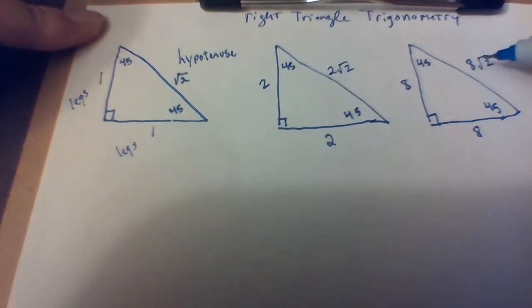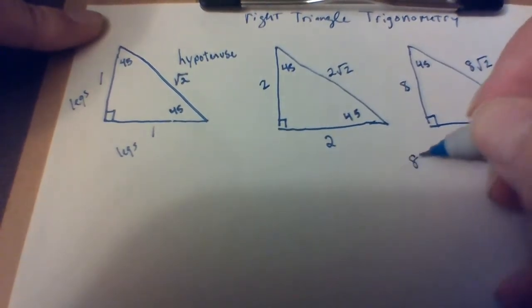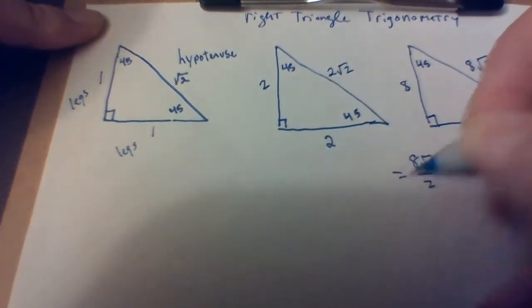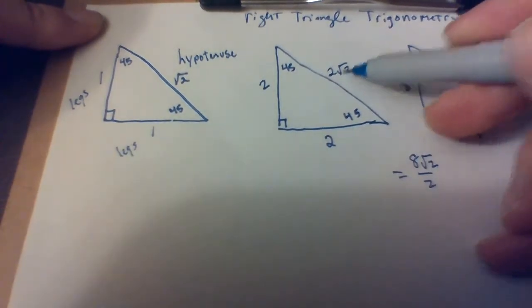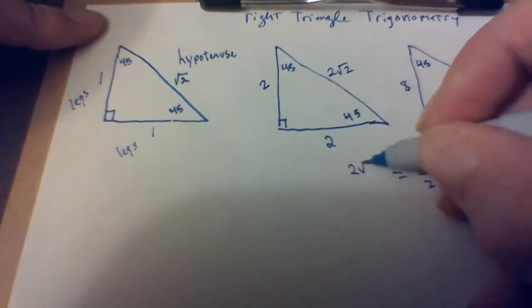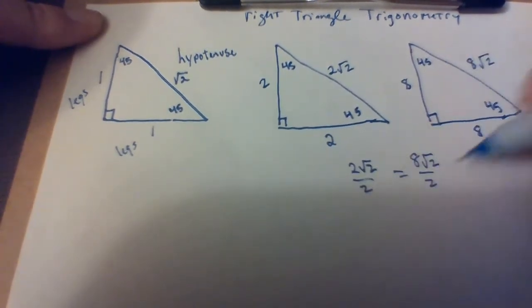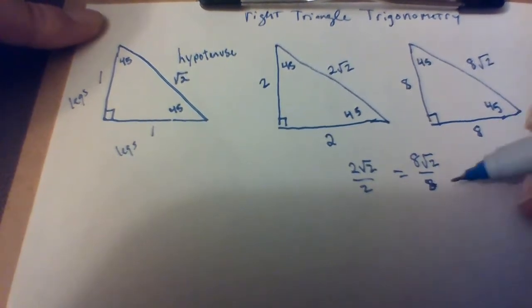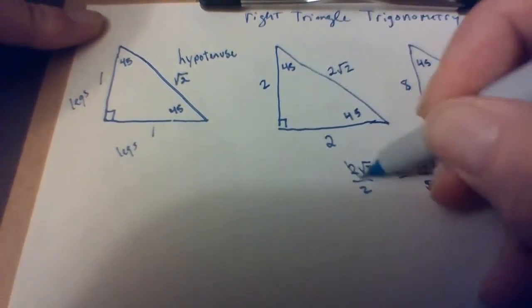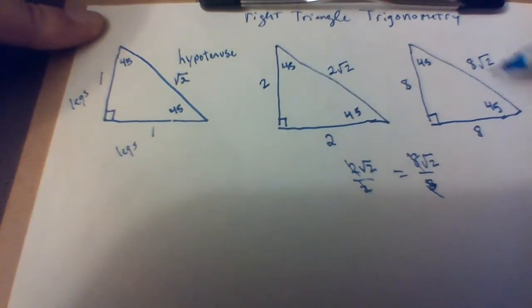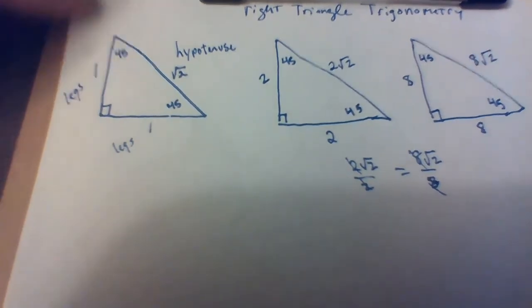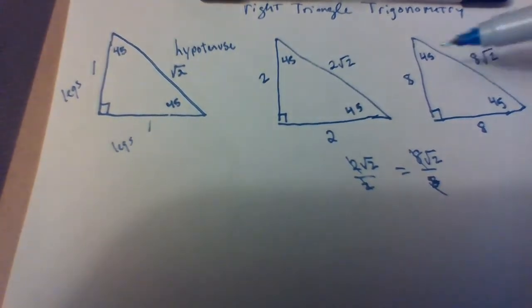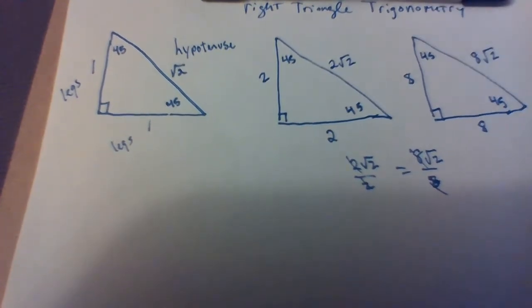If I take the ratio of the hypotenuse to the side, 8 radical 2 over 8, and took the ratio of that hypotenuse to that side, 2 radical 2 over 2, I'm sorry, that'd be an 8 down here, wouldn't it? 8 radical 2 over 8 down there. Here the 8's would cancel, here the 2's would cancel, radical 2 equals radical 2. The ratio of the lengths of the sides will always be the same, assuming that these have the same angles. So if these angles are the same, the ratios of the length of the sides will always be equal.